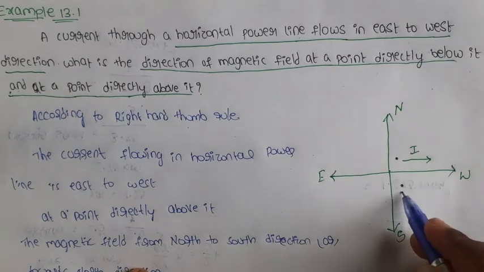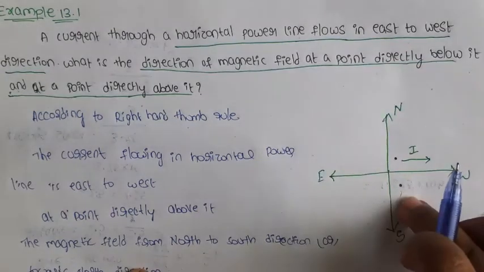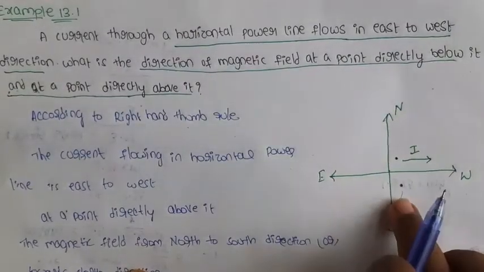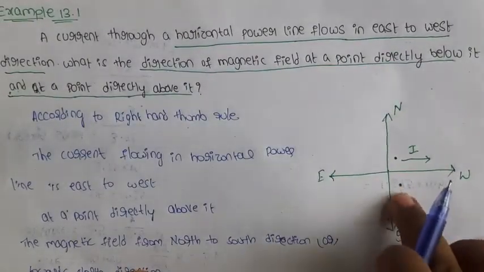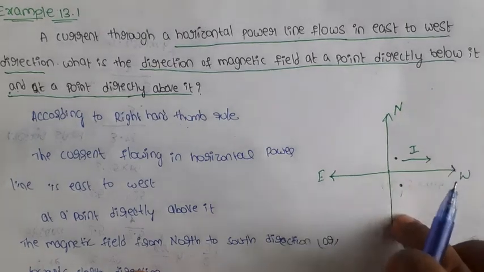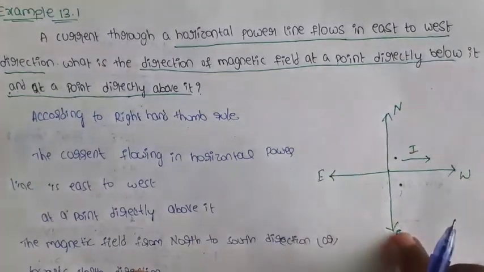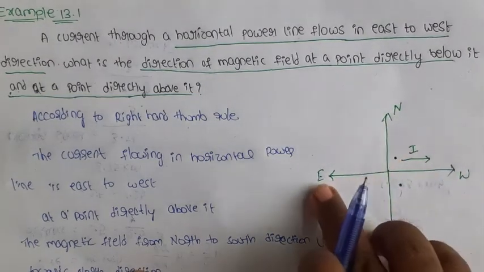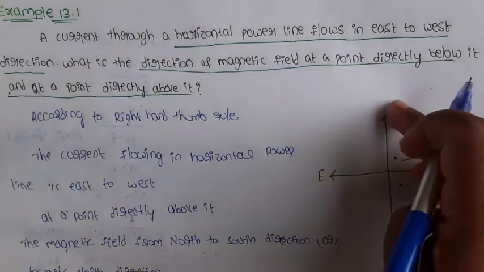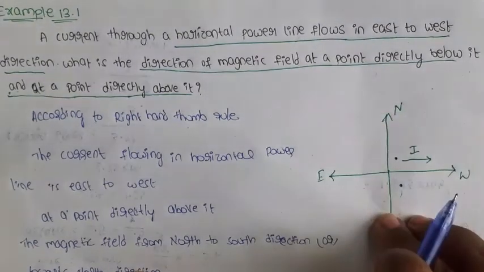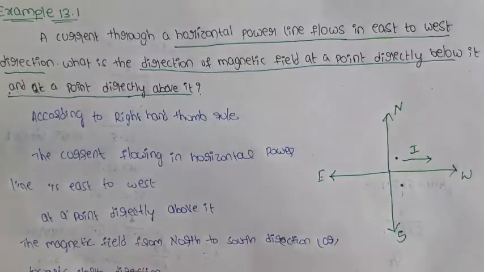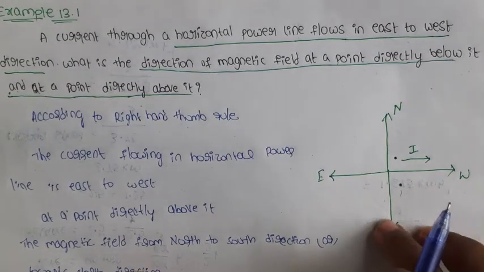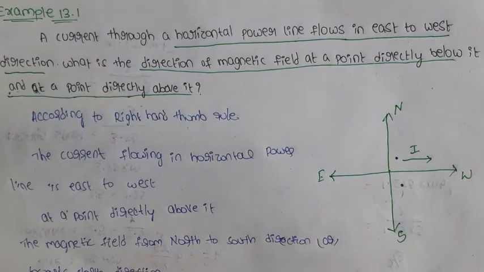South to north direction, or we can say towards the south direction. But above the point of horizontal power line, north to south direction, towards the north. So below the point, the direction of the magnetic field is south to north direction or towards the south.